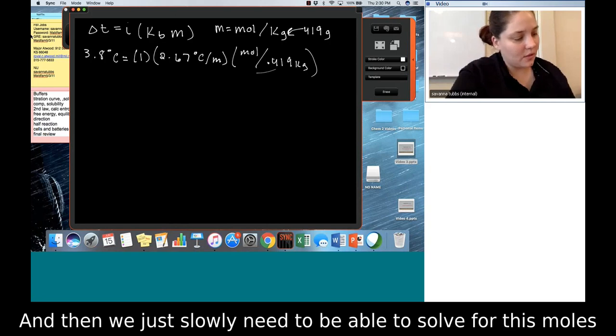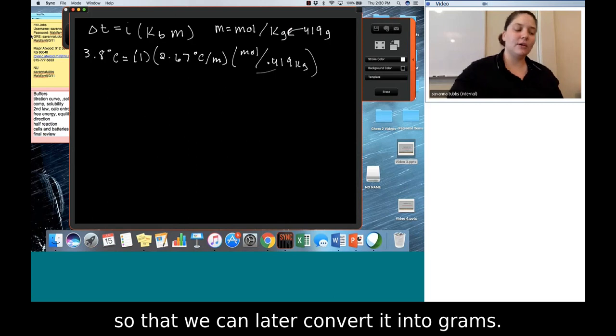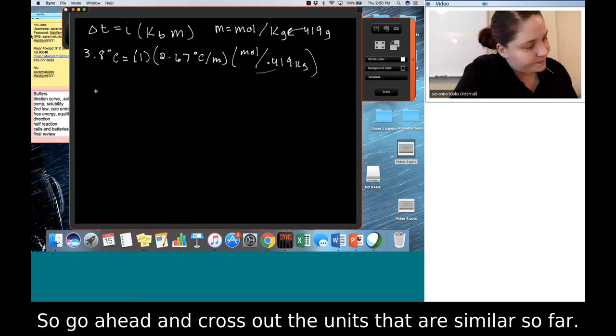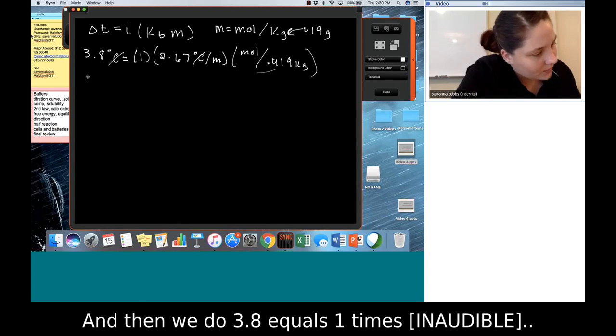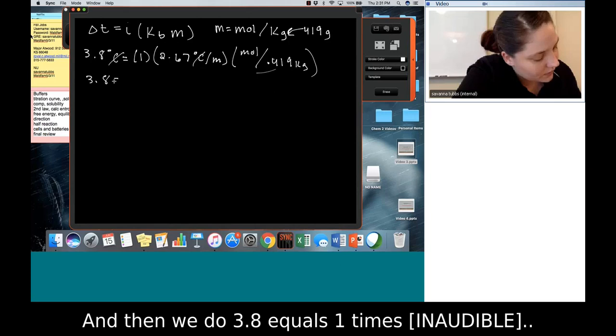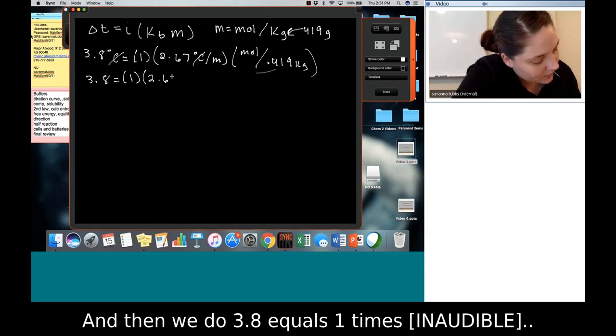And then we just slowly need to be able to solve for the moles so that we can later convert it into grams. So go ahead and cross out the units that are similar so far. Really, it's just Celsius that can get canceled out. And then we do 3.8 equals 1 times 2.67.